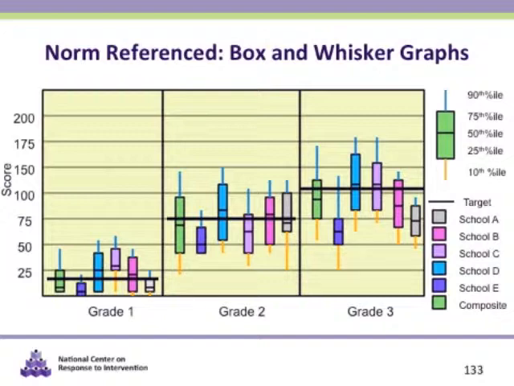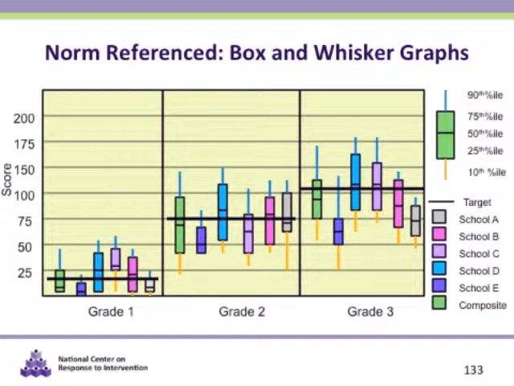And looking closer at the schools in this district, the district might find that school E, which is the one in purple, seems to perform lower than the other schools for grade 1. The district may consider analyzing the causes of this difference. They may ask themselves, what is school D doing that causes them to perform better than expected, while what happens at school E that causes them to perform lower than expected?